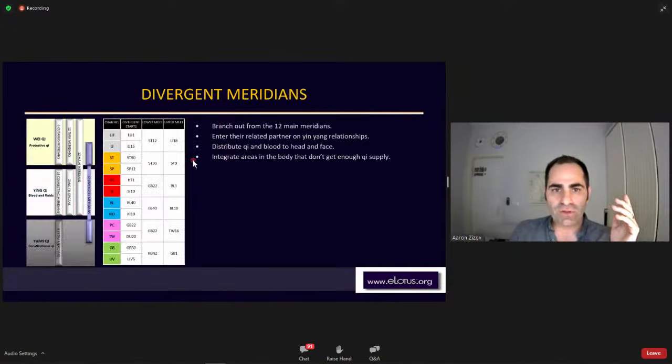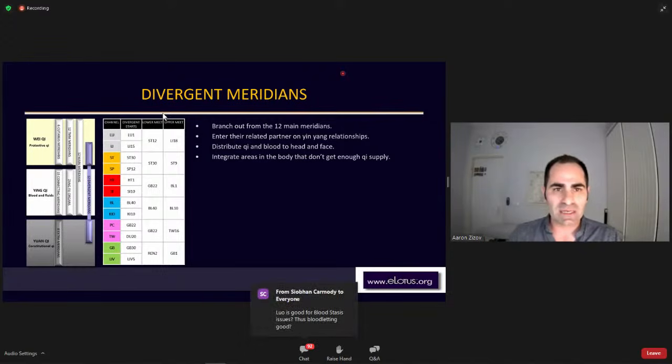And I'll move on to the divergent meridians. I also explained about them yesterday, just to make sure, because I don't know when I was stopped with the Zoom. Basically, the divergent meridians branch out from the 12 main meridians at different points.